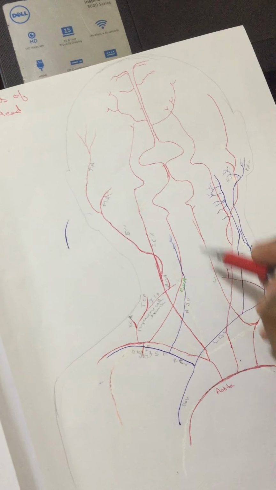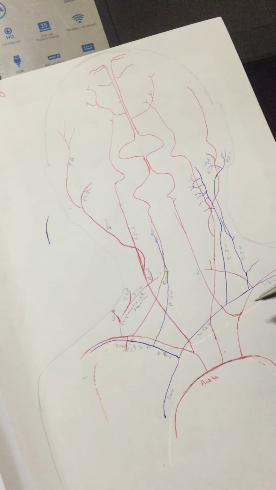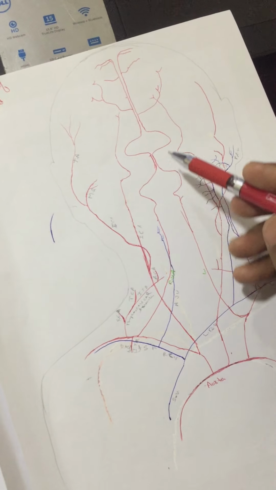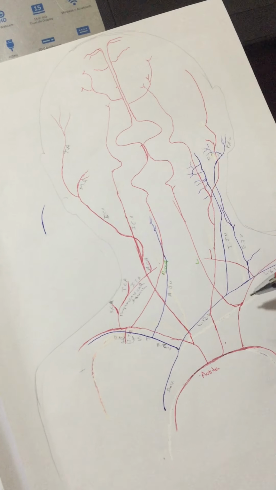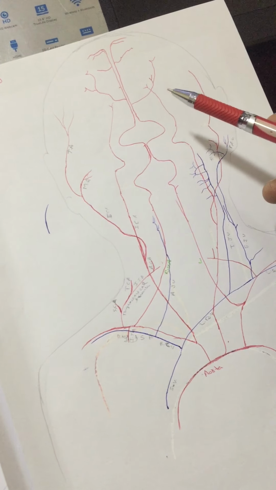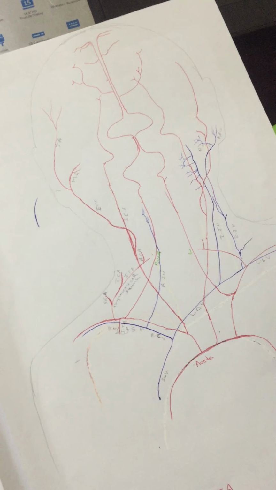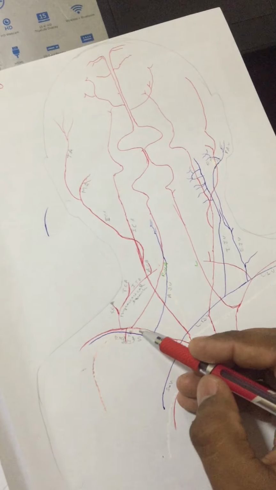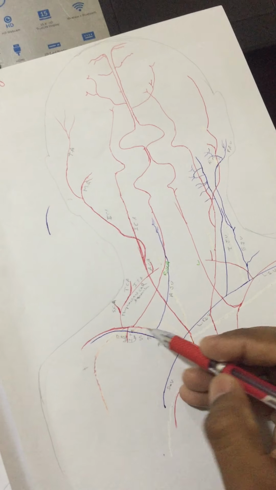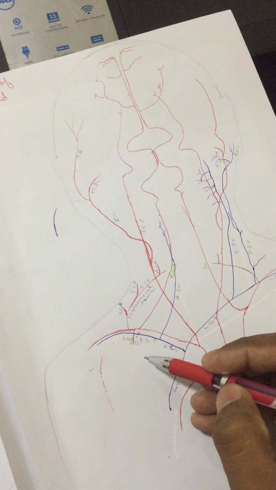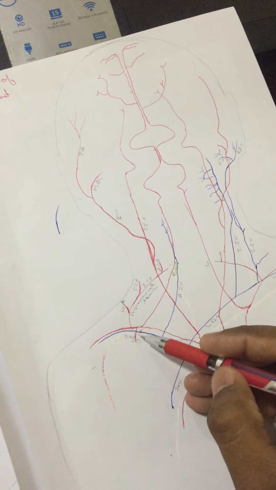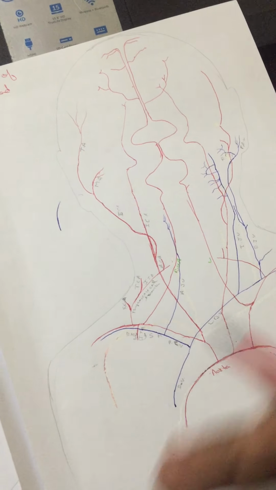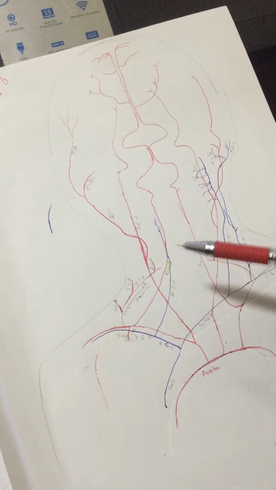So the right vertebral artery is complete, and the same things happen with the left vertebral artery. It also originates from the left subclavian artery. Now the second branch of the right subclavian artery is the internal thoracic artery. The internal thoracic artery supplies the blood to our thoracic region.